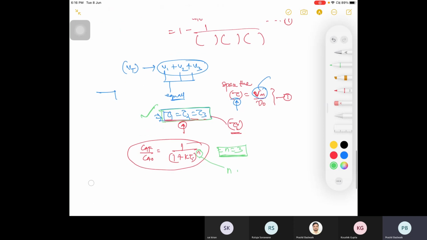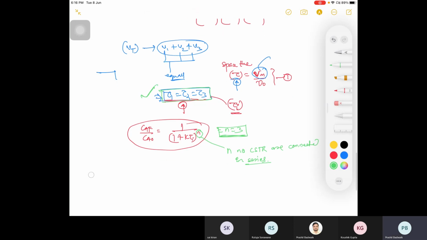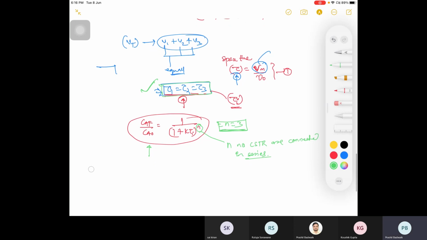Suppose n number of CSTRs are connected in series, then what will happen here, this is your equation. Now Ca final divided by Ca naught is equal to 1 upon 1 plus k tau, that is your individual, and this tau I is equal to tau total divided by n number of reactors, right?